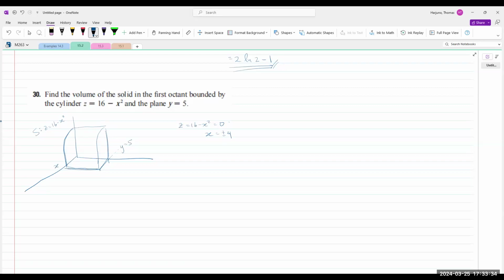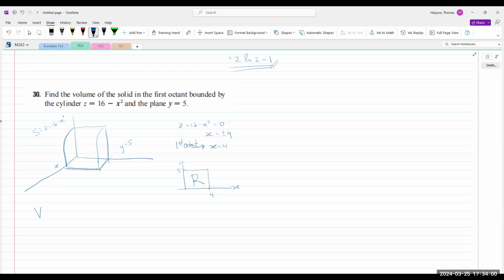But we just need the first octant, so x equals 4. Now our domain of integration becomes x from 0 to 4 and y from 0 to 5. Right? That's the domain of integration.